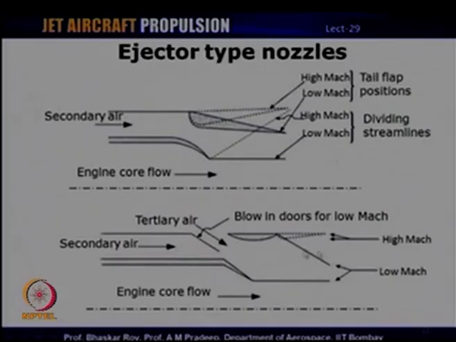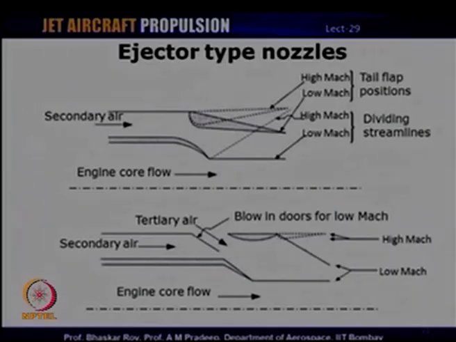And as the Mach number increases, as we can see here, the flap gets deflected and we have a convergent divergent nozzle geometry, which can give us higher Mach numbers or a supersonic flow. So, these are two different types of configurations of ejector type nozzle.